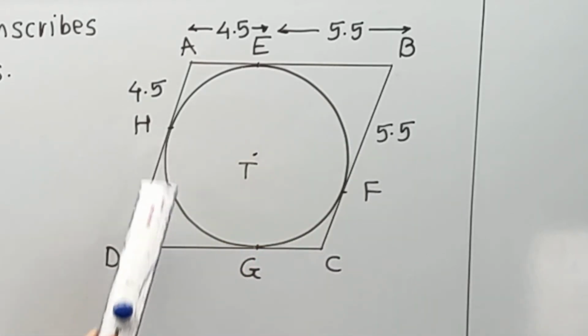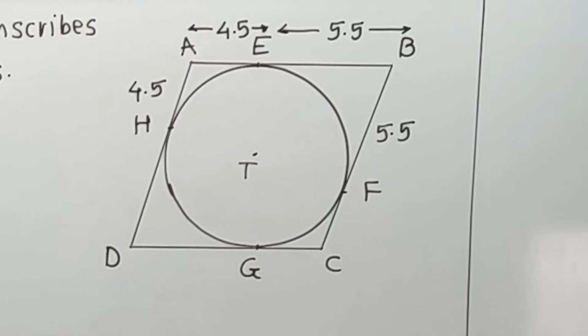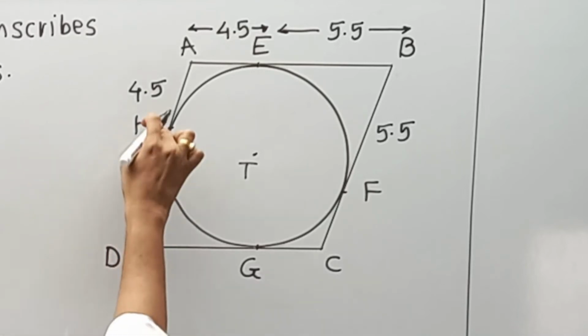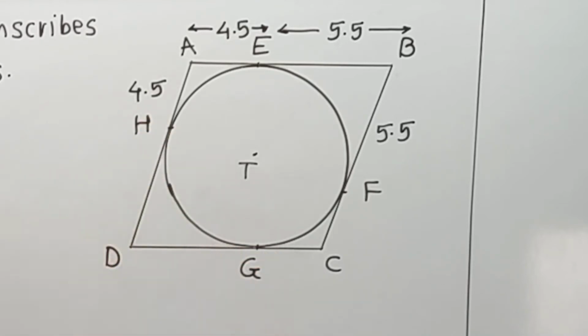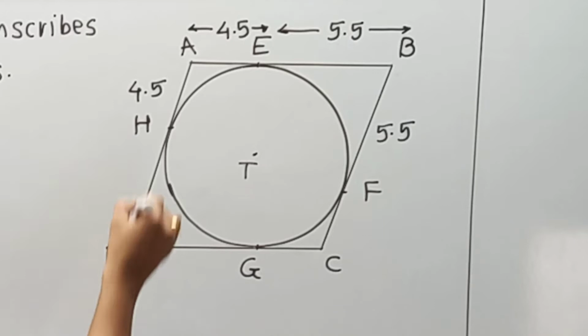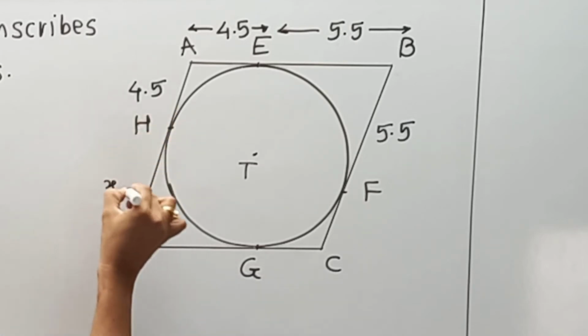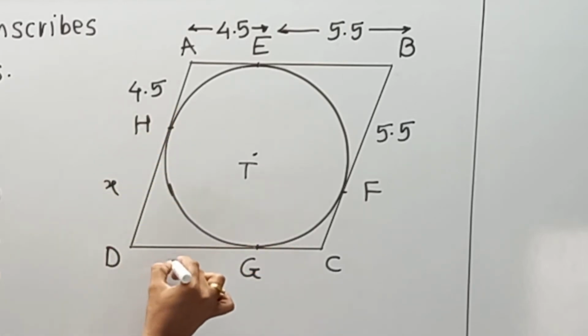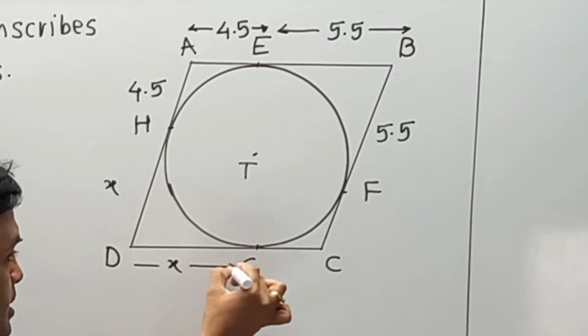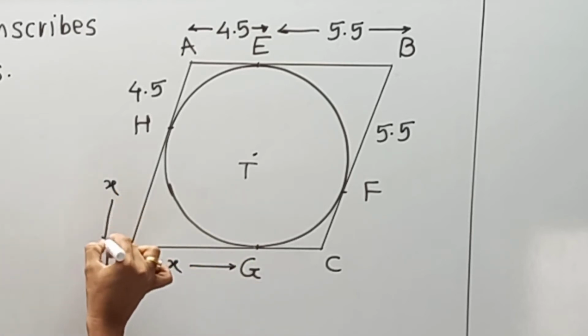But the main part is the remaining pattern. Now we have to assume some values. Let us say D is a point outside the circle, and DH and DG are tangents. We assume DH as x, then DG is also x.